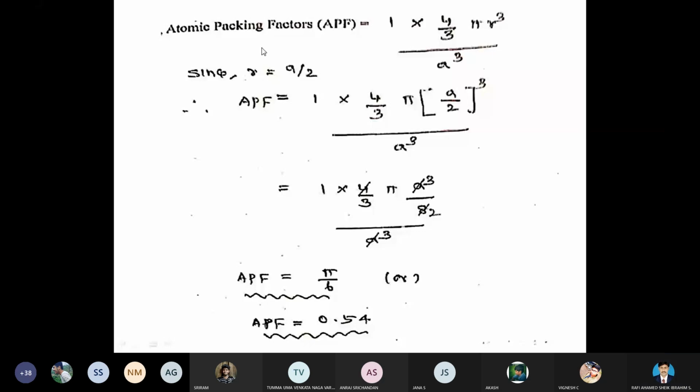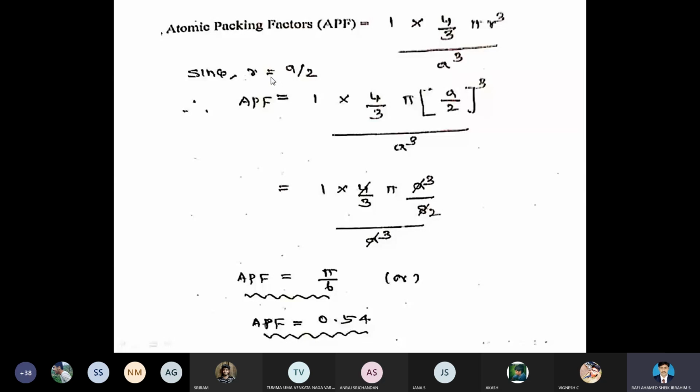Atomic packing factor is equal to 1, the number of atoms per unit cell, into 4 by 3 pi r cube, the volume of a sphere, divided by a cube, the volume of the unit cell.